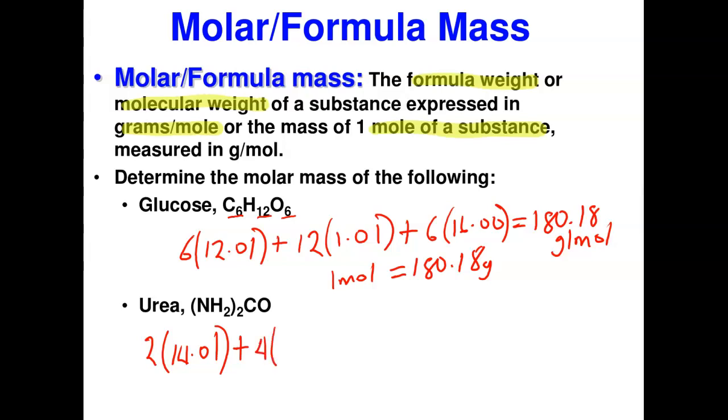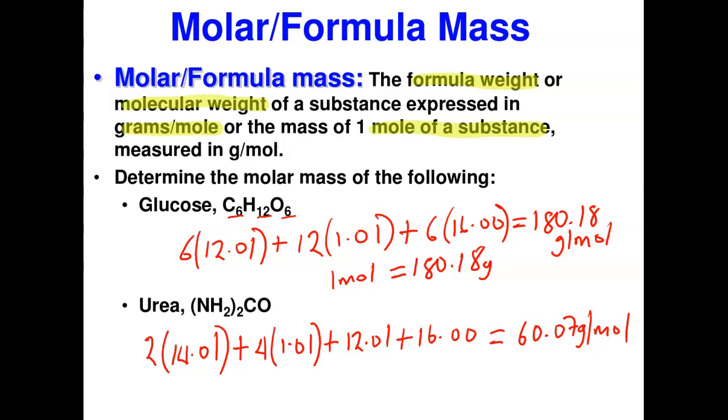So 4 atoms of hydrogen total times the weight of 1 atom of hydrogen, 1.01, plus we have only 1 atom of carbon, 12.01, plus an atom of oxygen which weighs 16.00. And when we add all these things together, we get 60.07 grams per mole of urea.